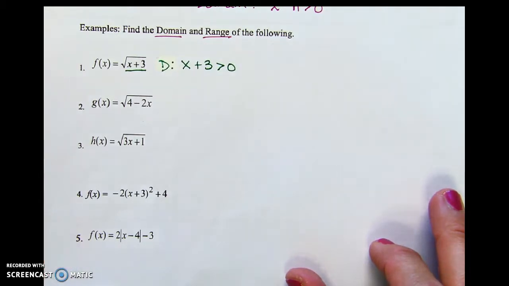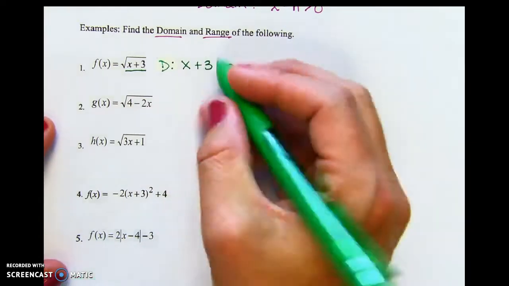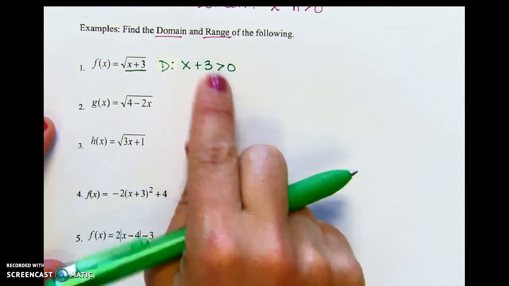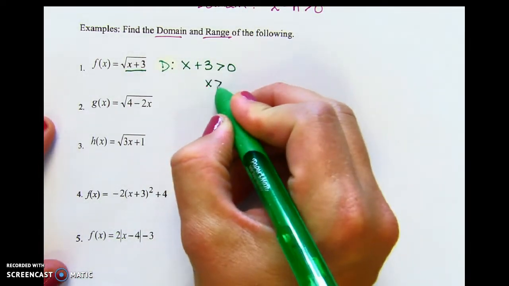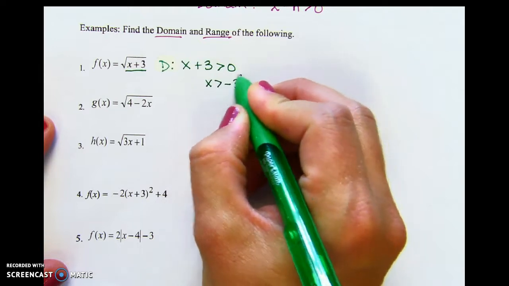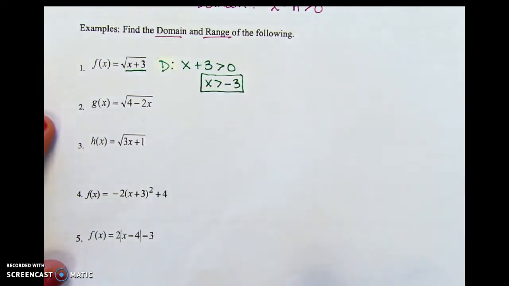Can you solve that? That's what you went to 8th grade for, right? How do you solve x plus 3 is greater than 0? Subtract 3. So x has to be greater than negative 3. That is your domain.